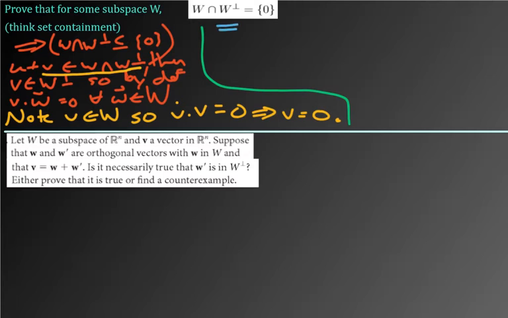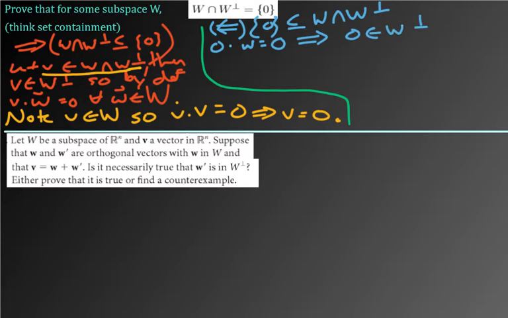So now I'm going to prove the reverse. I'm going to prove that 0 is contained in W intersect W perp, right? To do that, note that 0 dotted with W equals 0. That's pretty obvious. So this implies that 0 by definition is in W perp.